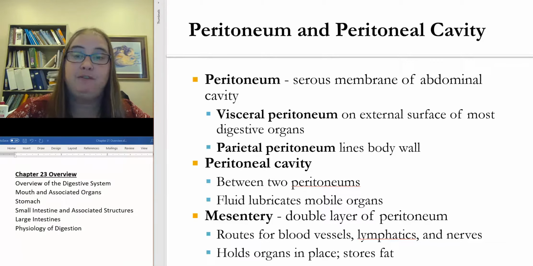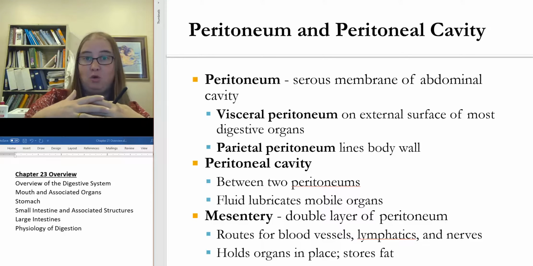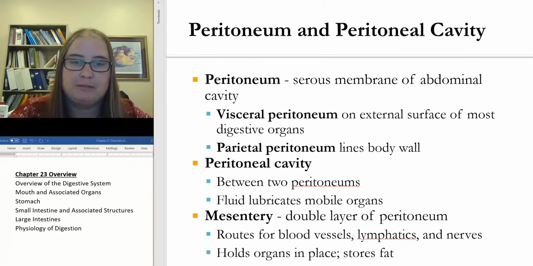And there's a fluid in there, and this fluid will typically lubricate our organs. Now, there are some homeostatic imbalances, especially in fetuses or in infants, where this fluid isn't sufficient, and you actually get fusion of the organs to the abdominal wall, which can actually be fairly dangerous.